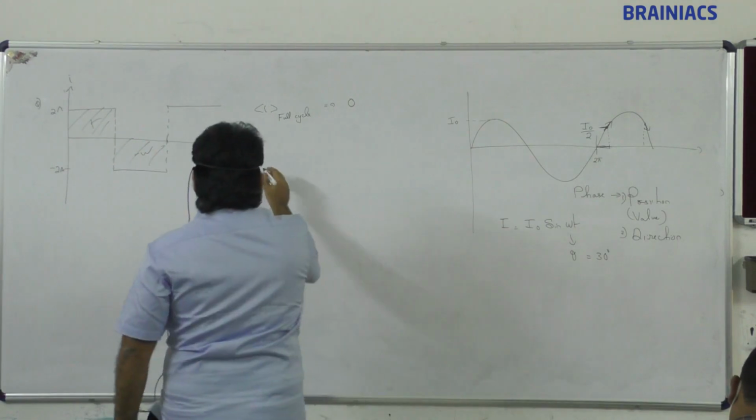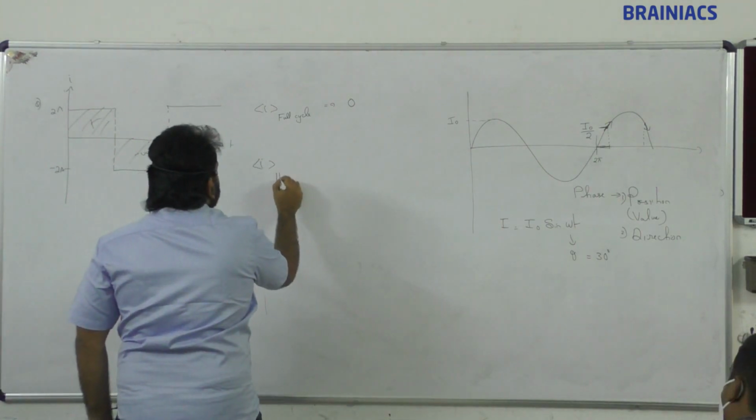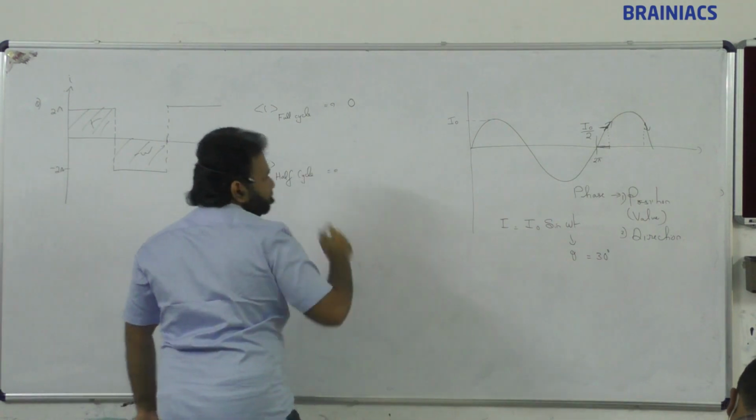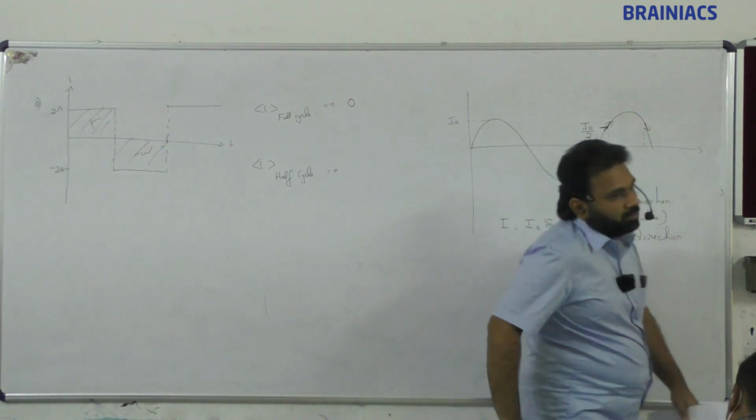Now what is the I average for half cycle?